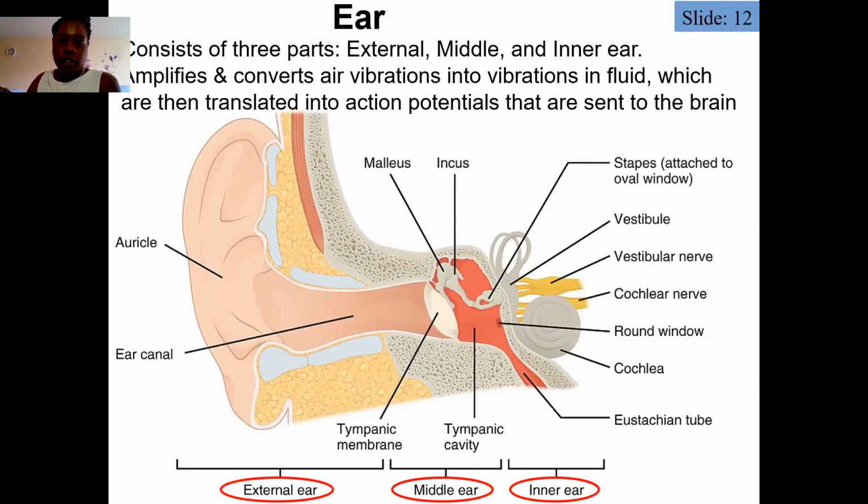On to the ear. So the second sensory structure that is located in the head is the ear. And we'll talk about the ear in 3 parts: external, middle, and inner ear.